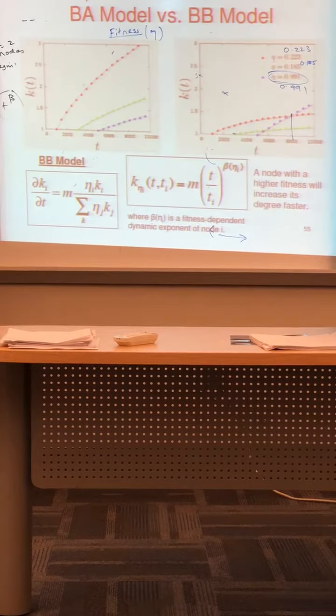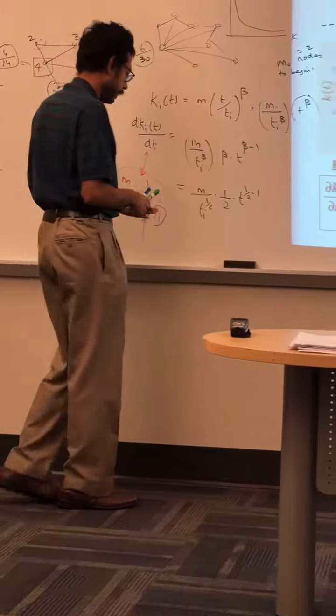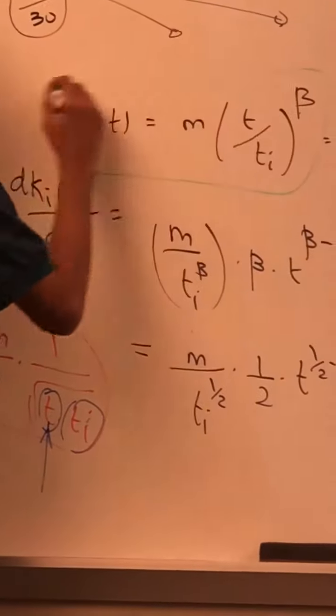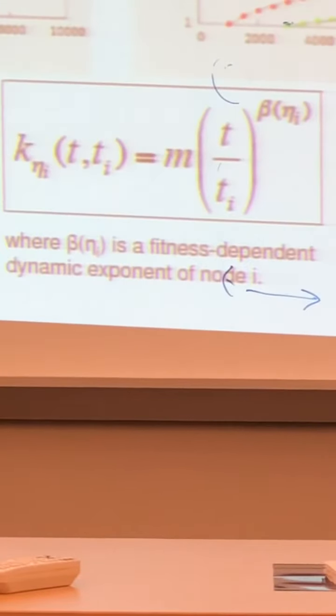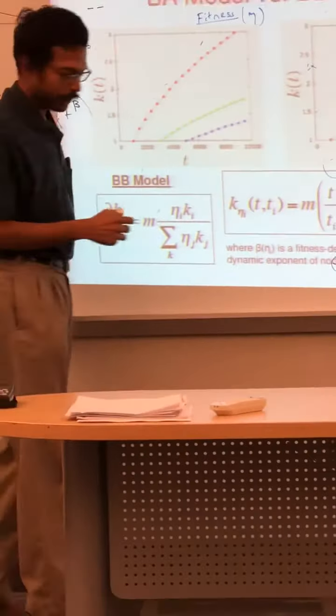So the degree function, like we had Ki of t here, this is the Ki of t according to the BA model. And this is the Ki function with respect to the BB model. So here this fitness has to be taken into consideration.